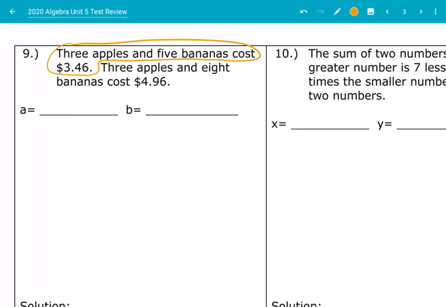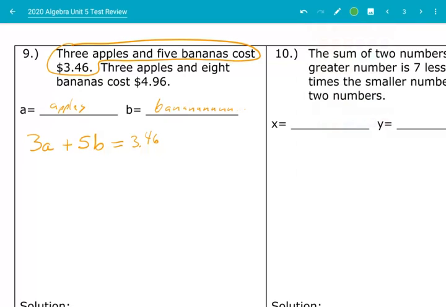A will be apples, B will be bananas. It's a B, not an H. So 3 apples and 5 bananas cost equals $3.46.